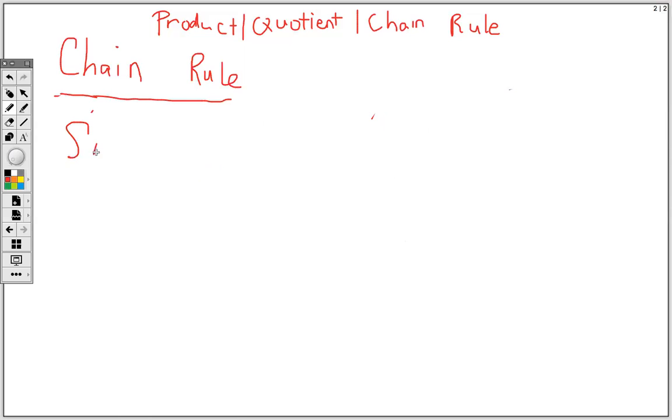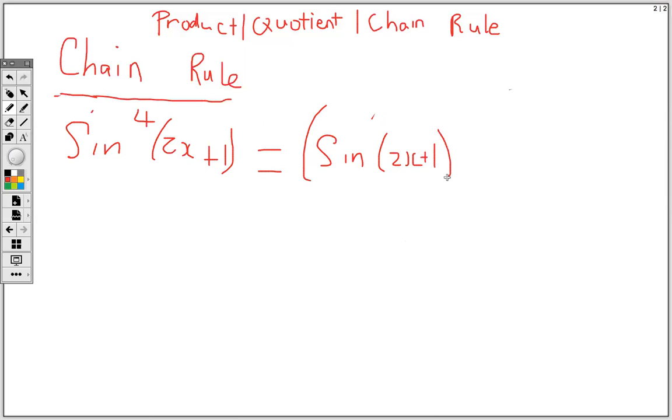So we have sine to the 4, 2x plus 1. We can rewrite this as open bracket sine 2x plus 1, all raised to the power 4.